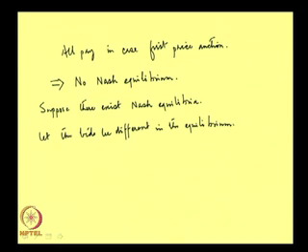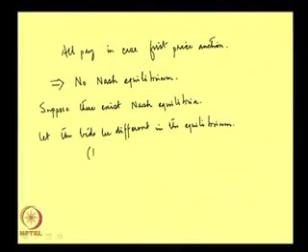If there are equilibria, then they can be of two types: either in the equilibrium the bids are different, or in the equilibrium the bids are the same. Let us take the first case, that the bids are different.